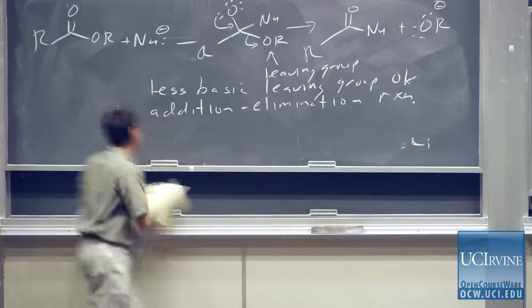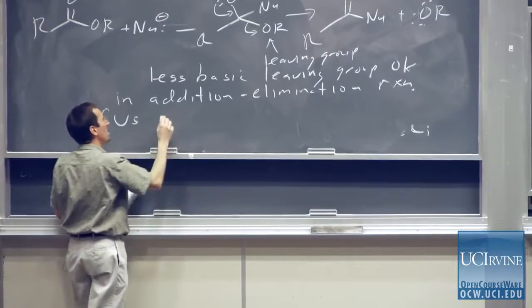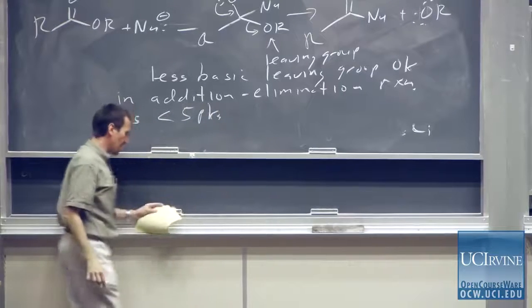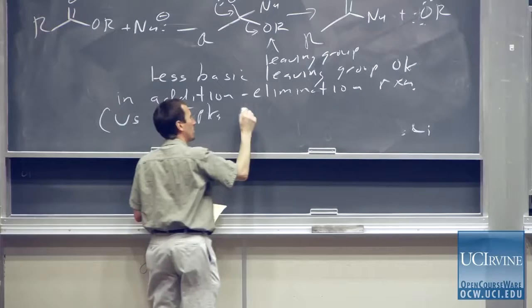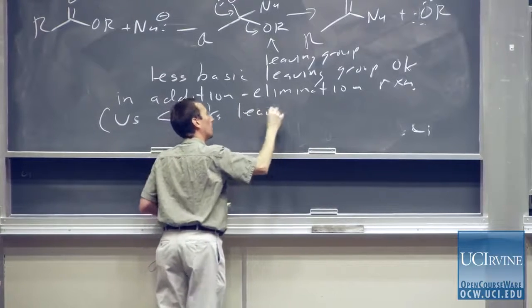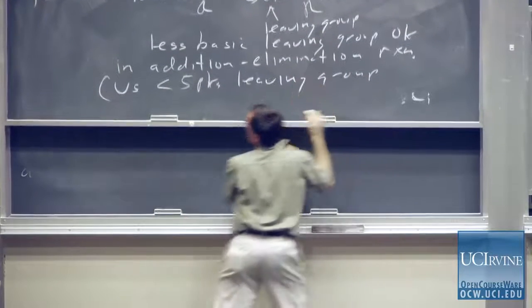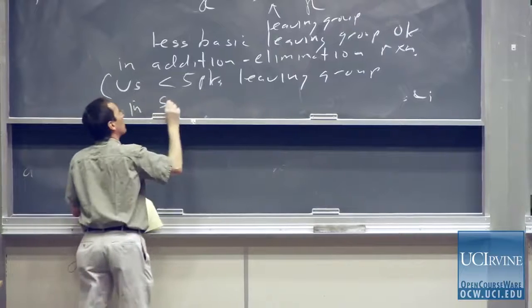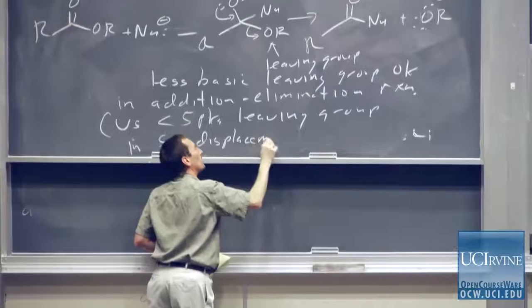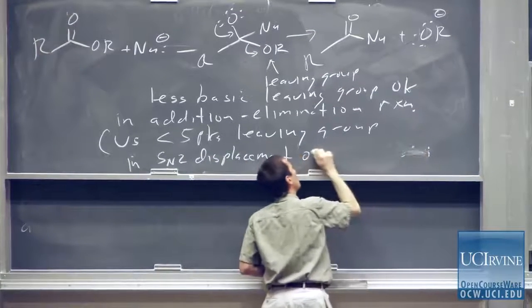And by comparison, I'd say maybe less than 5 pKa is good for a leaving group in an SN2 displacement. Or maybe even an E2 elimination.